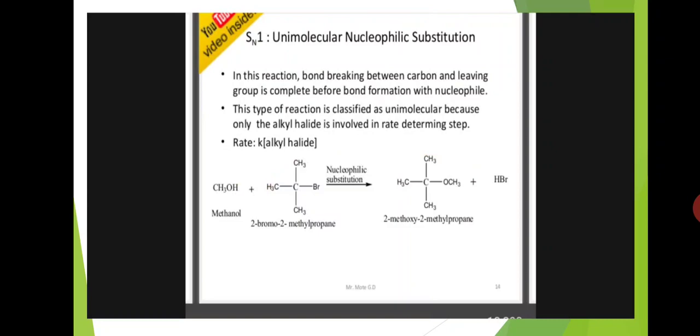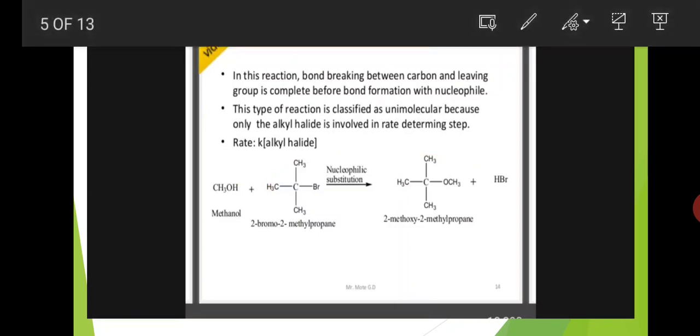In the SN1 reaction, generally tertiary alkyl halides participate. This is a tertiary alkyl halide, named 2-bromo 2-methyl propane.